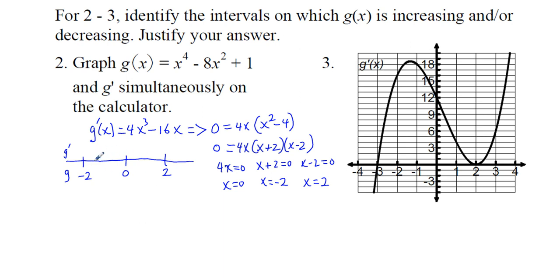And so here are critical numbers, and so we can just analyze based on, if we take a number less than -2, we're going to have a negative times a negative times a negative, which means that function is going to be going down in this interval.